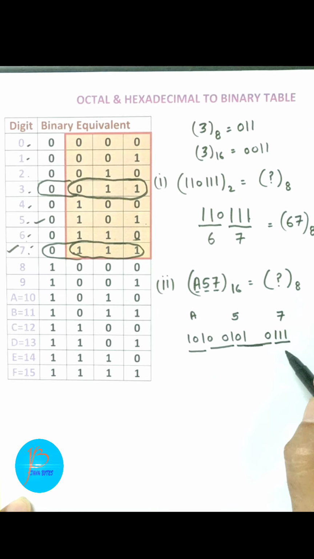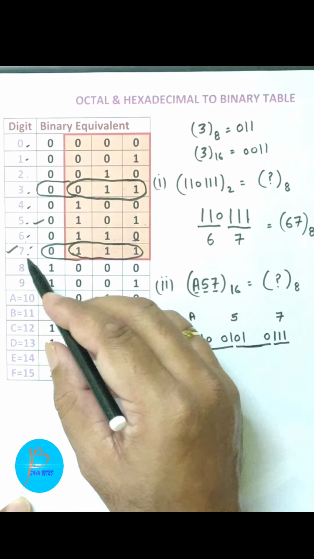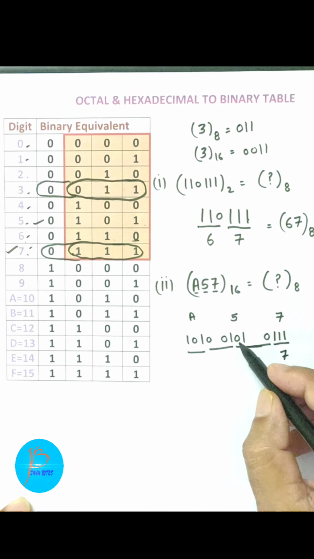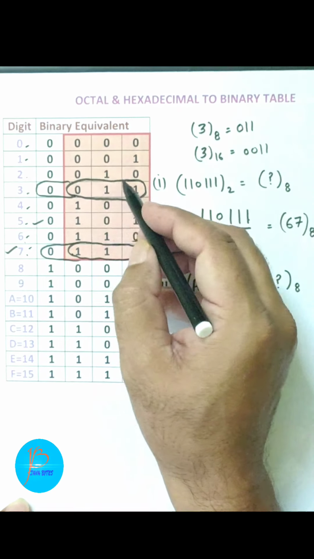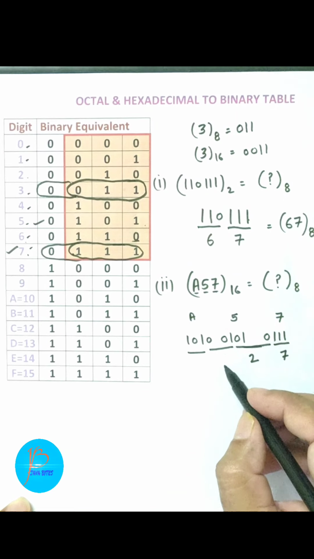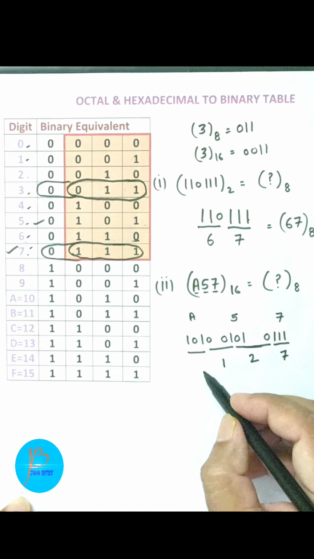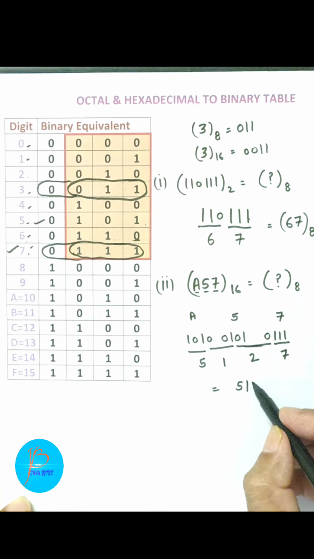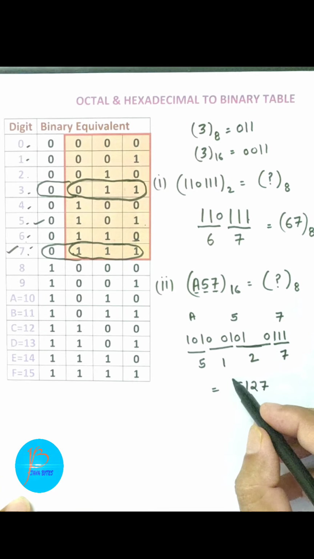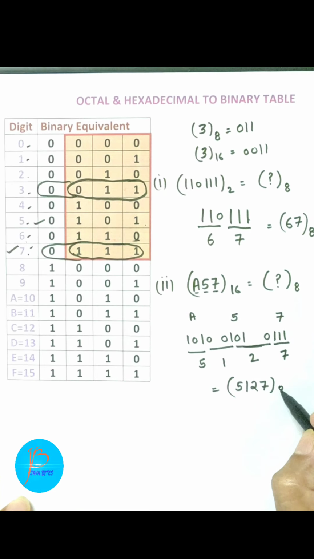Now look at the answer. Triple one's octal equivalent is 7. 010 is 2. Then 001 is 1, and 101 is 5. So your answer will be 5127 on the base 8.